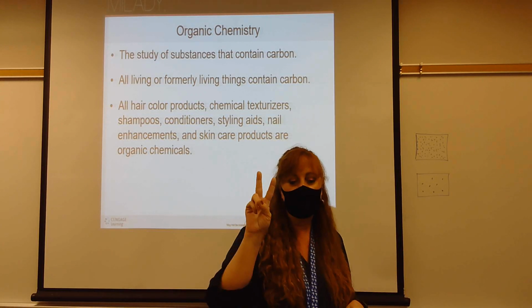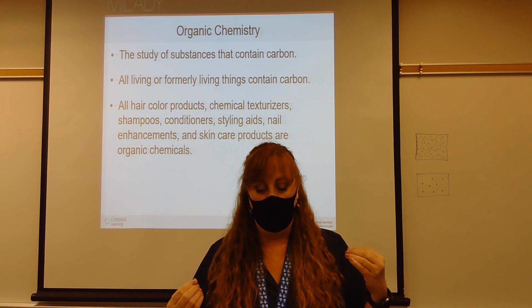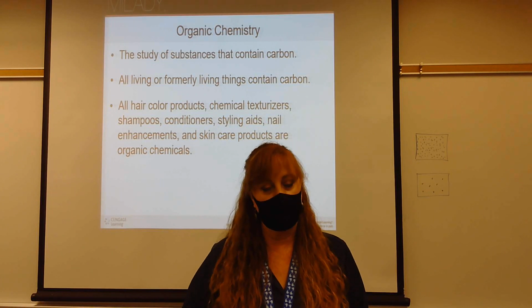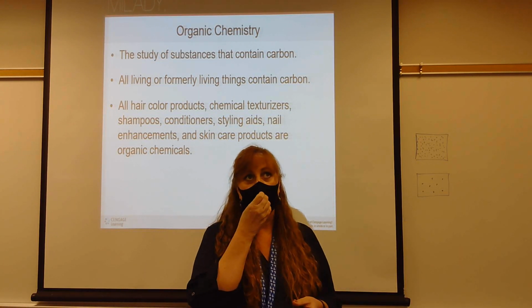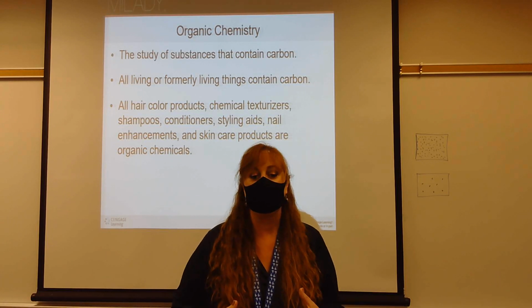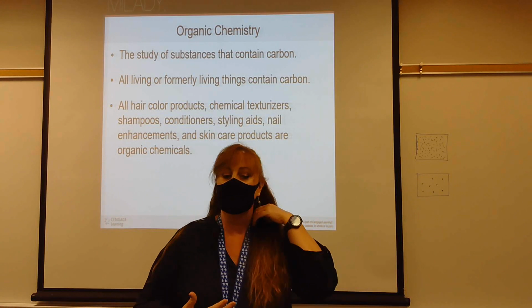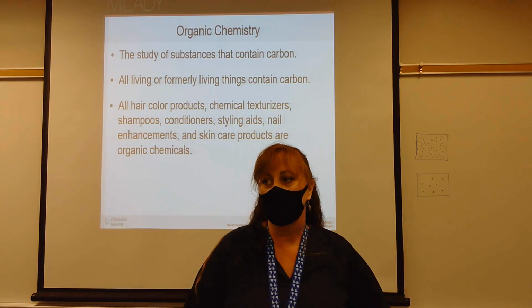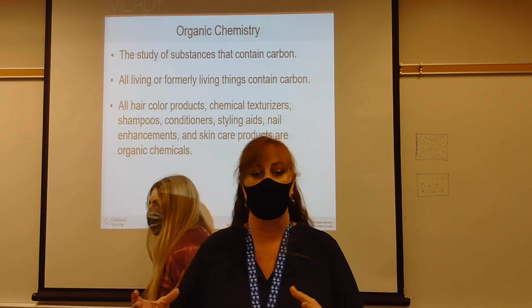Okay, so there are two different types of chemistry that we study. Organic chemistry is one of them, and inorganic chemistry is the other. With organic chemistry, we could say that any substance that contains carbon. You've probably heard a lot about carbon on the news when they talk about climate change and carbon footprint.